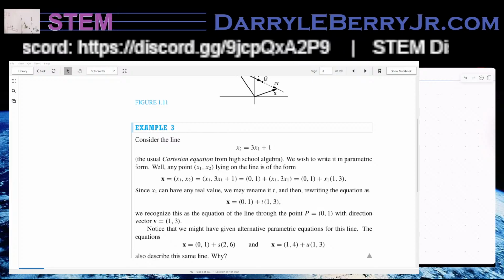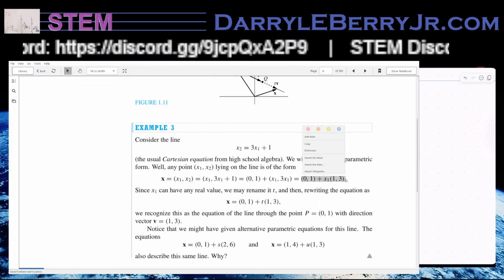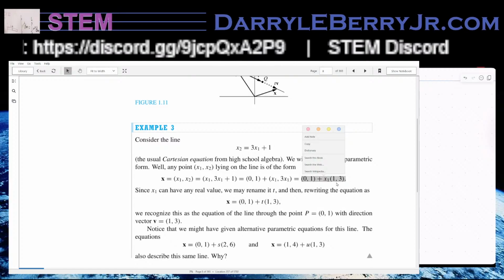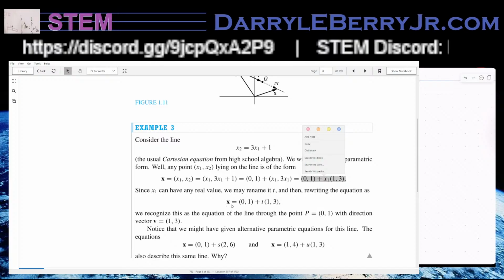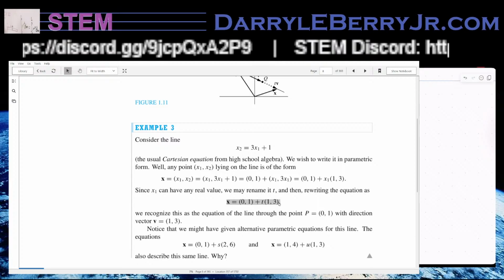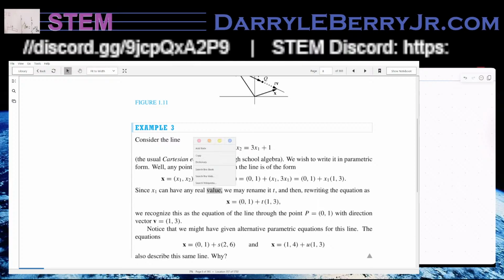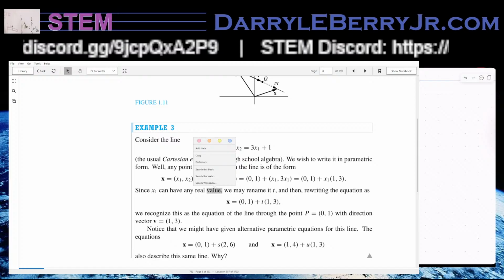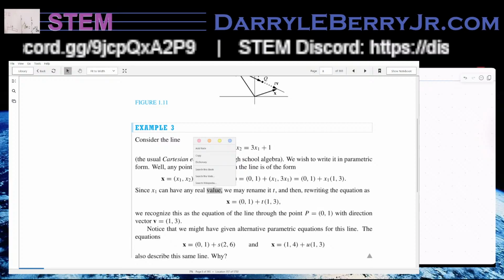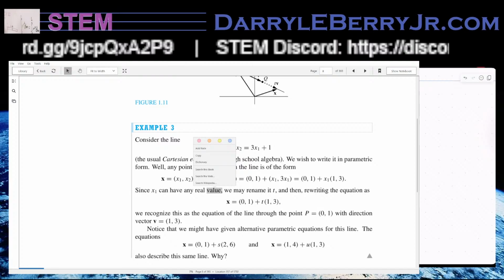So you see how there's 0, 1 plus x1 and that, and then the x1 came from the t. So basically what happened is this will be x2.